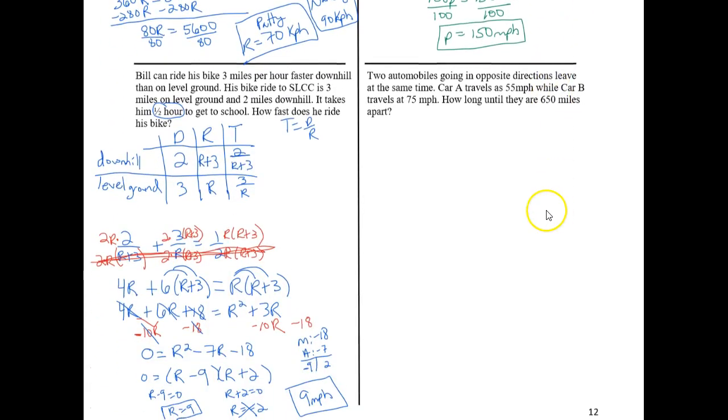Alright, the next problem. It says two automobiles going in opposite directions leave at the same time. Car A travels at 55 miles per hour, while car B travels at 75 miles per hour. So they're starting at the same place and then going in opposite directions.